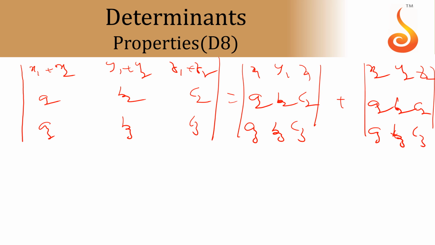Please try to understand splitting from LHS to RHS, and from RHS to LHS, how to add determinants. Observe carefully. You can add two determinants if the other rows are the same and only one row is distinct. Same rows will be written as same rows, and distinct rows should be added. That is determinant addition.